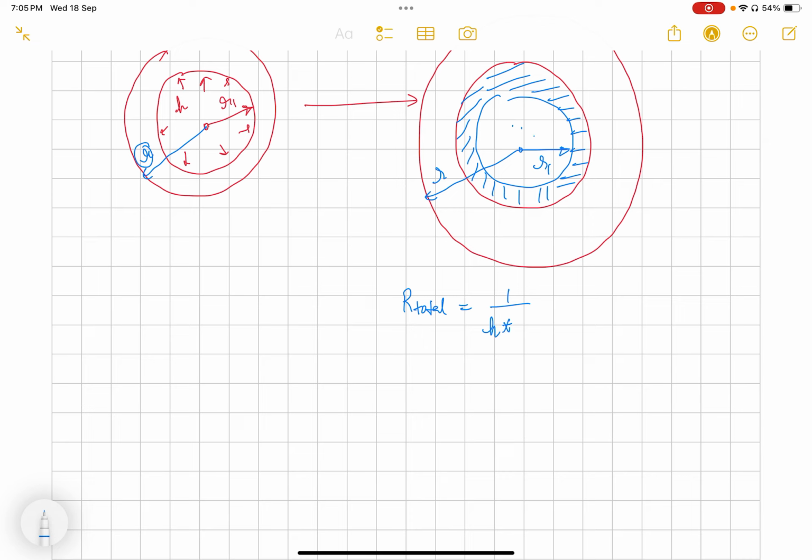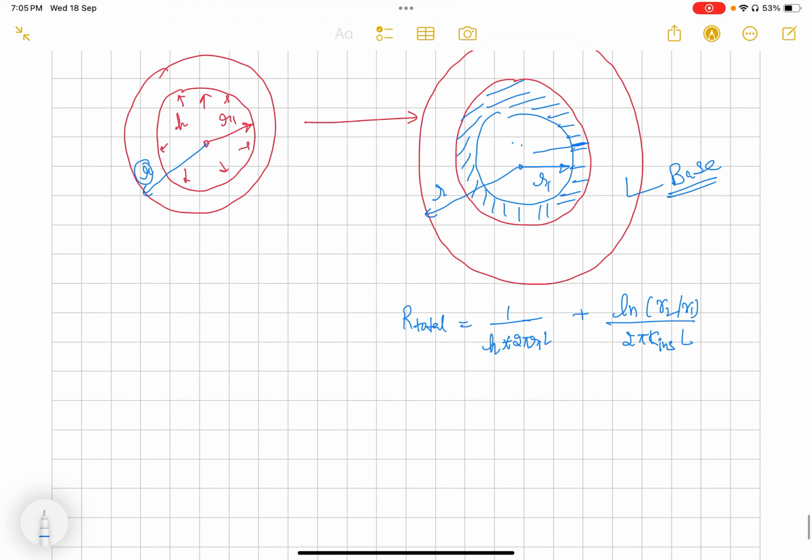If we come from inside, first the convection resistance, then the conduction resistance of this body: 1 by h times 2 pi R1 L plus the conduction resistance ln(R2/R1) divided by 2 pi K insulation L. We are not considering the base material, so we don't have to consider its conductive resistance.